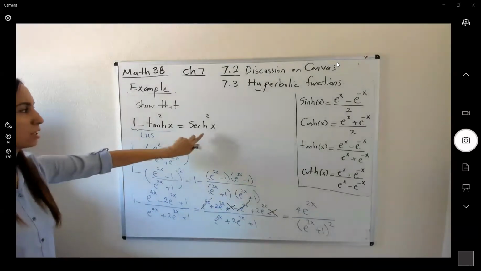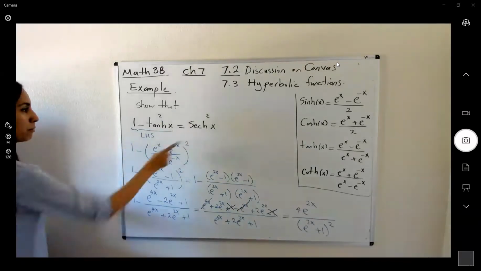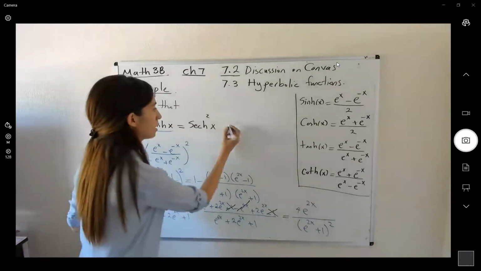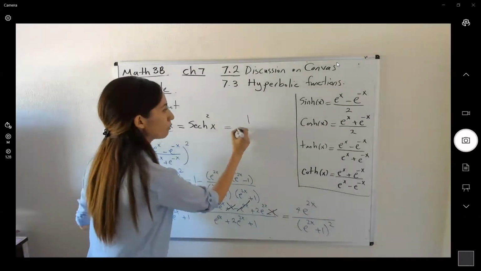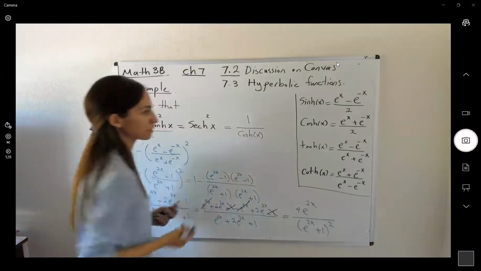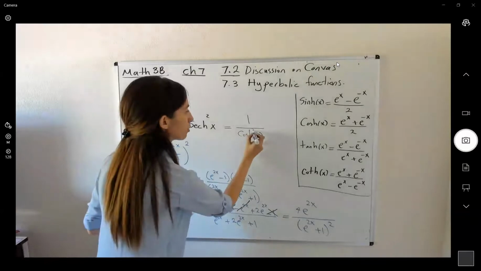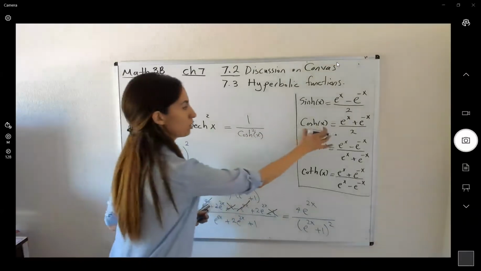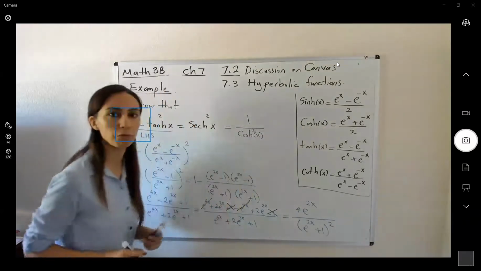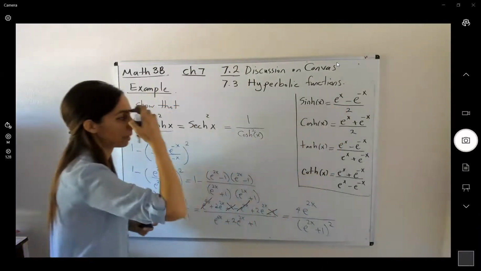Take a look at your hyperbolic secant squared. Hyperbolic secant squared is 1 over cosine hyperbolic x, and it has exponent 2. So I'm going to flip my hyperbolic cosine and raise it to the second power.